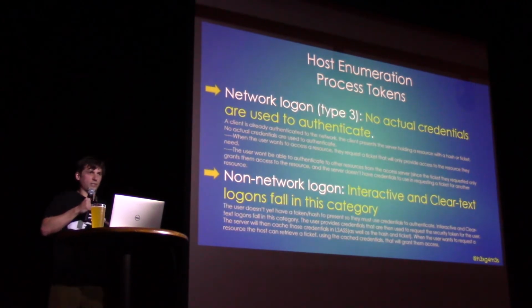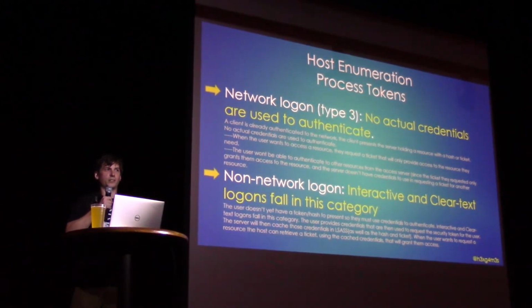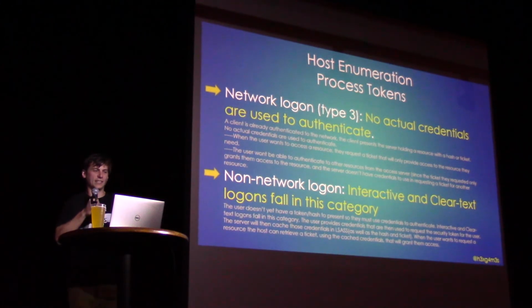So with the process tokens and the security tokens we'll be looking at, it matters what the network logon type is. And I know they use non-network logon, and it gets confusing because you're on the network and you did a logon, so why is it a non-network logon? But really the key thing to take away is that non-network logons are used like when you RDP into a machine and it prompts you for creds.